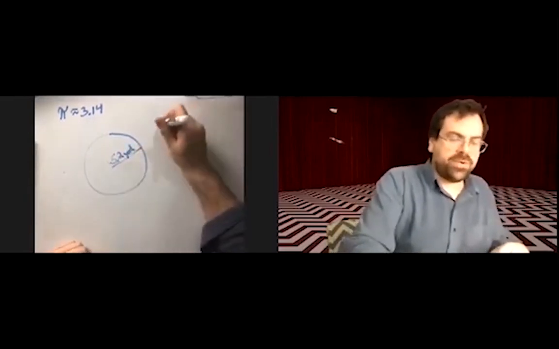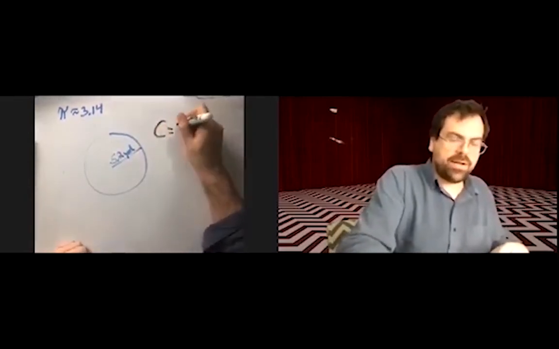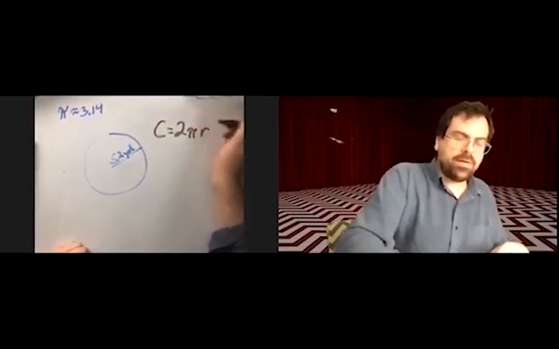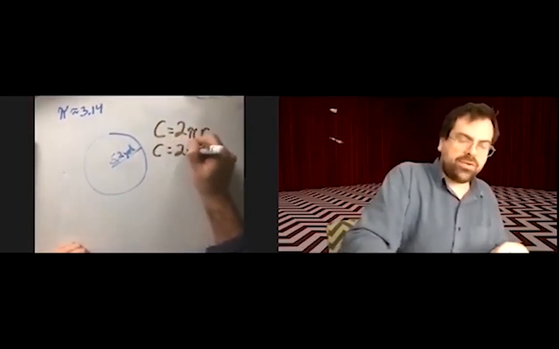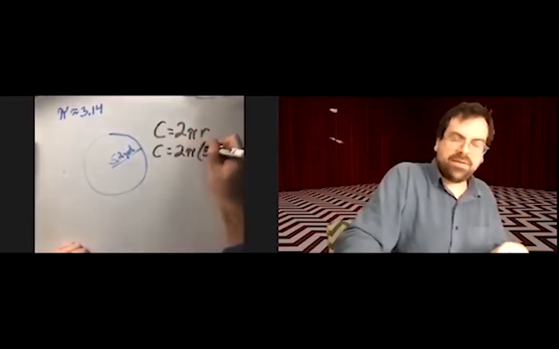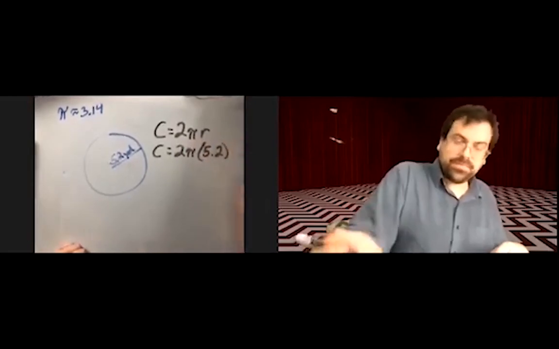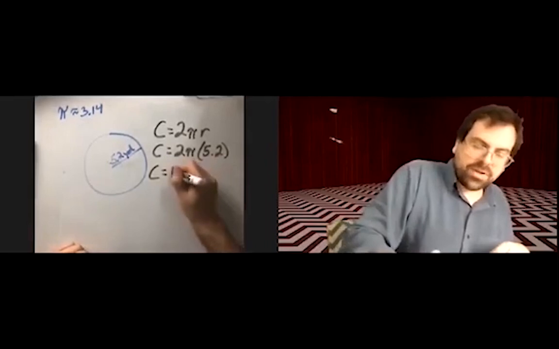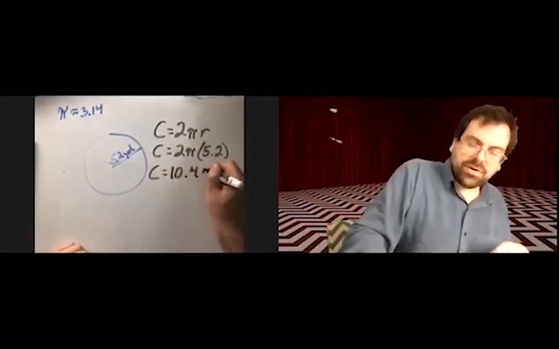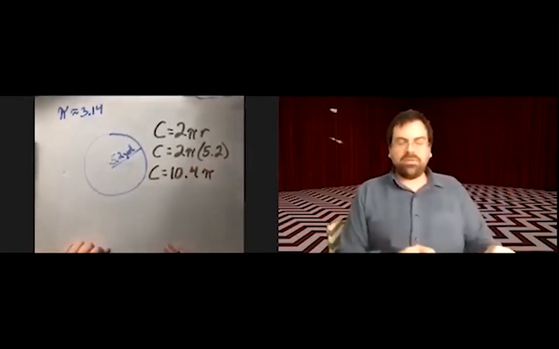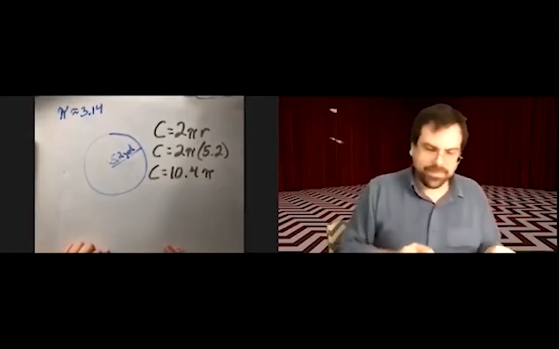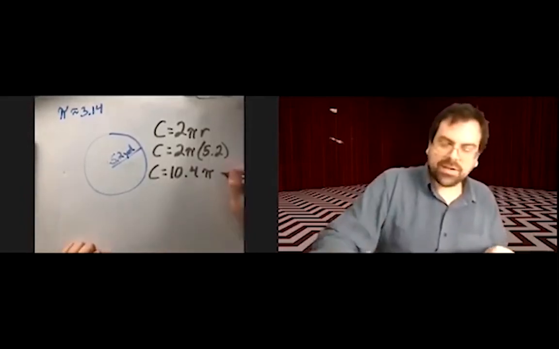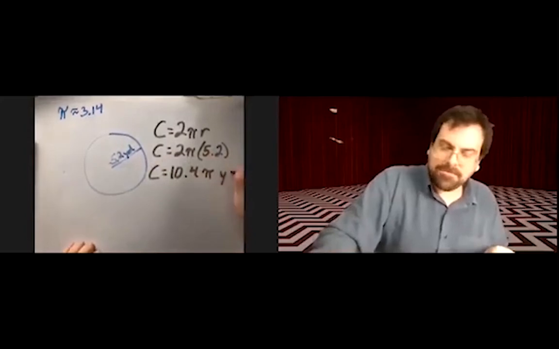If 5.2 is the radius, that means we have 2 times pi times 5.2. 2 times 5.2 is 10.4. So 10.4 pi is the circumference, and that's in yards.